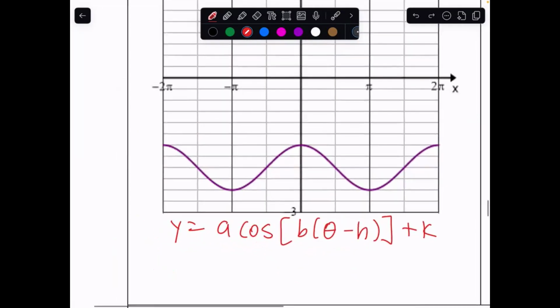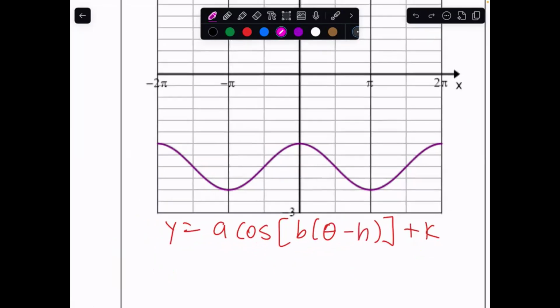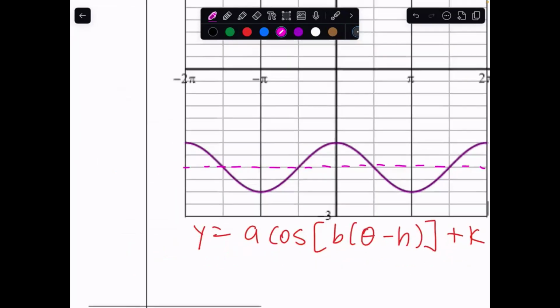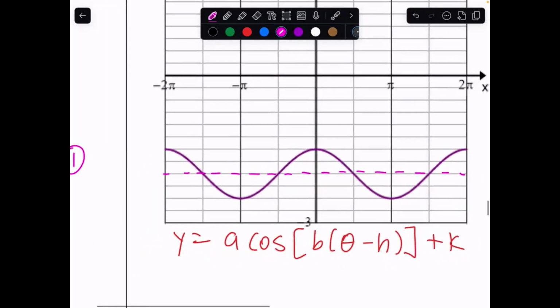Okay, so you can start in various ways. I typically start by identifying k. All right, so k, the midline shift, we can identify the midline by looking at what is halfway between the maximum and minimum. Okay, so you can just do this visually, right? I'm sure you guys can see where the line is that goes halfway through. Okay, so again, I'll label this step 1. Step 1, identify the k value.